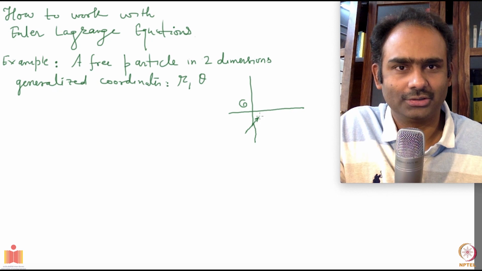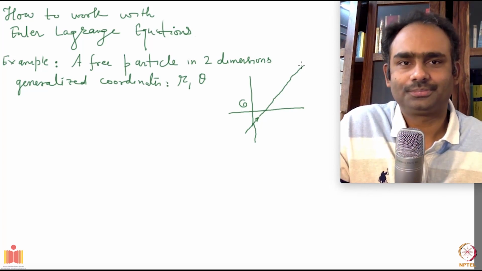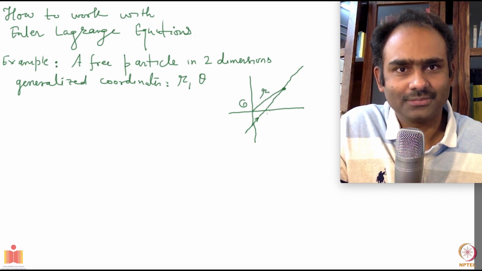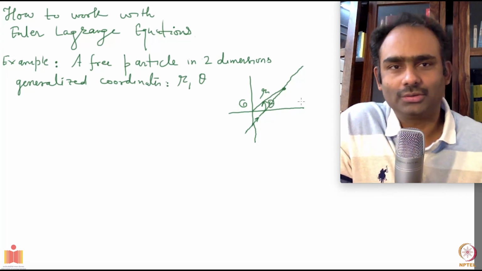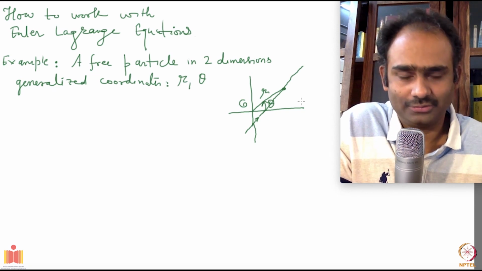You know it will continue along the same straight line because there are no forces. Now if you take any point P on this, it will have some radial distance r and some polar angle theta, measured from the x-axis. What we want to know is how the coordinates r and theta are evolving with time.